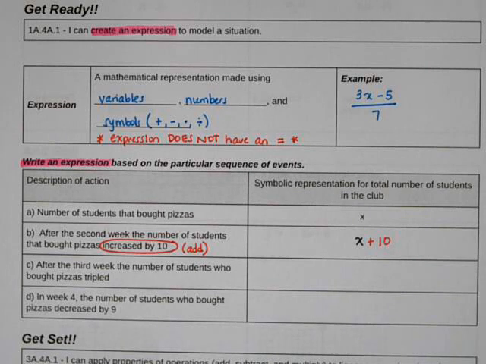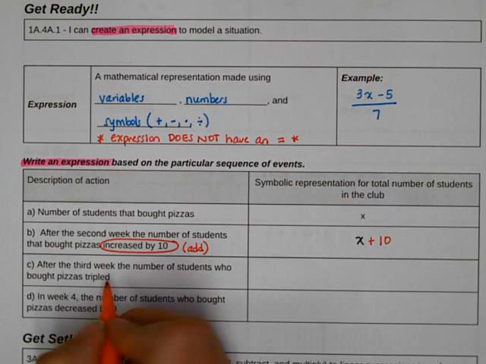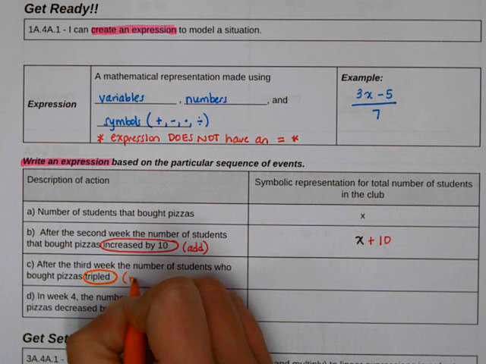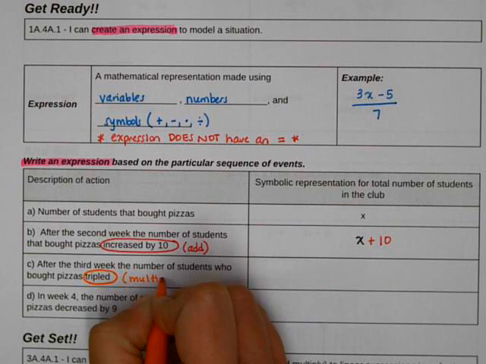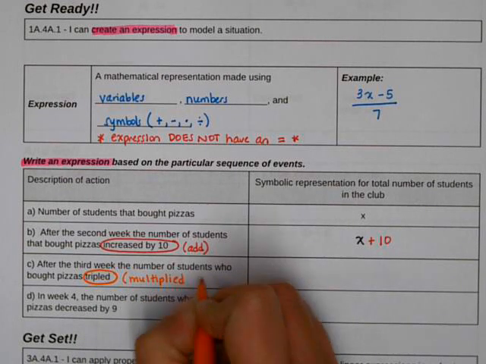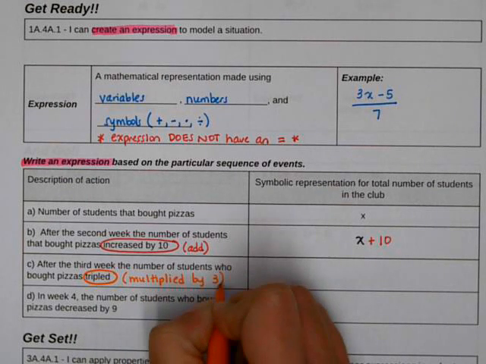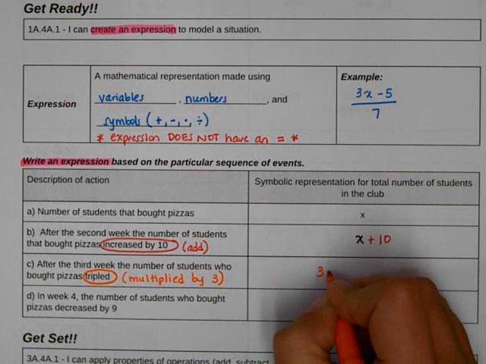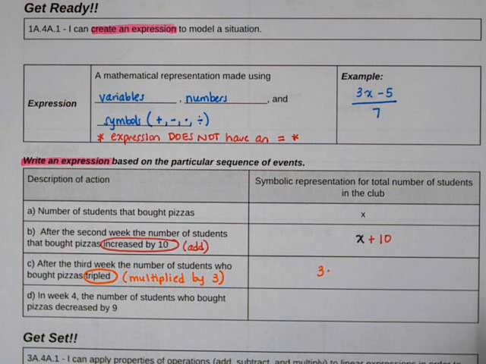When I read the next step in this scenario, it says after the third week, the number of students who bought pizzas tripled. Now the key word here is the word tripled. The word tripled means multiplied by 3. In order to show using symbols that the number of students who bought pizzas multiplied by 3, I would do 3 times whatever I already had.